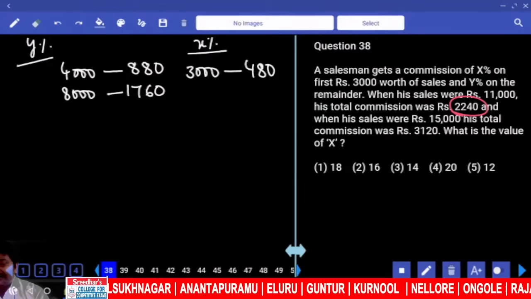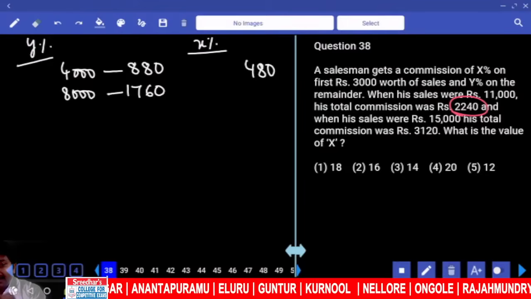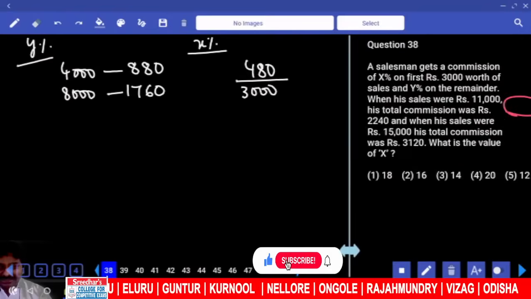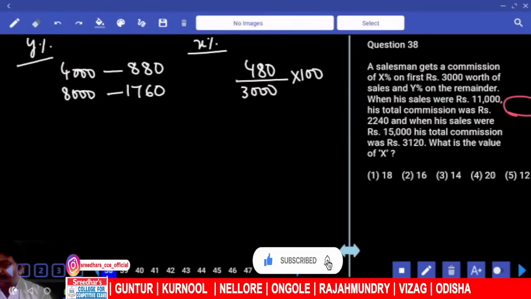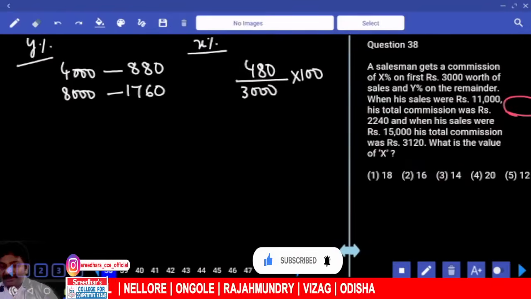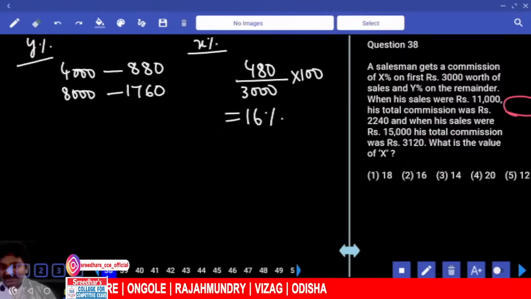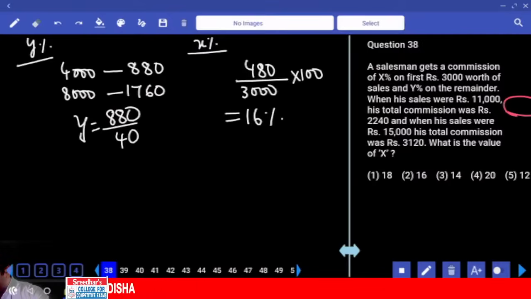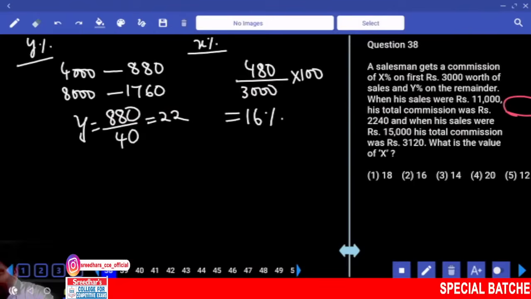If you want X value, that is 480 upon 3,000 into 100 only. Numerator, denominator, 3 zeros cancel, 48 by 3 answer, 16%. If it is about Y, directly you can write 880 upon 4,000, where 1% value is 40. Directly answer 22. Are you fine?